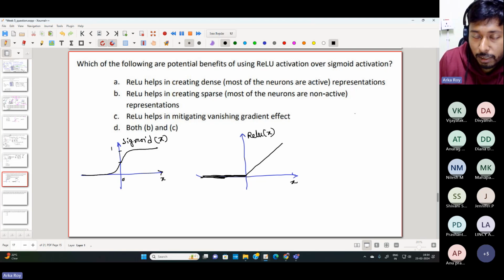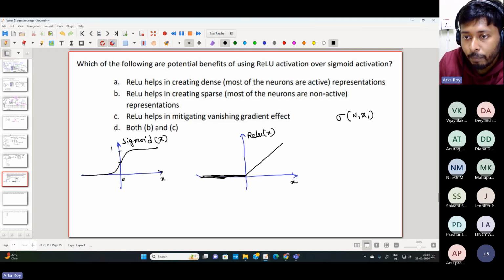So in case of gradient descent, in the lectures you have seen that while evaluating the gradient, one term basically comes. Let us consider you have a function sigma of w1 x1.